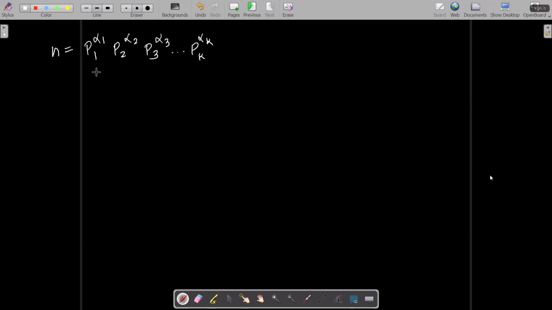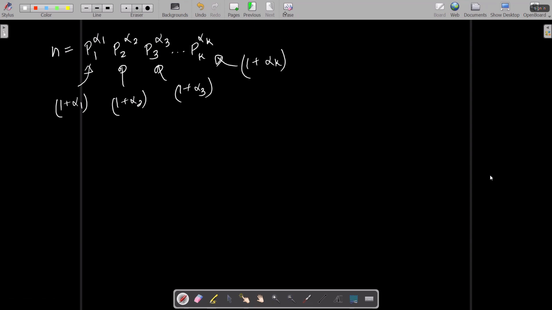Now, if we need to find all the factors of n, for p1 there are 1 plus alpha 1 different possible ways. For p2, there are 1 plus alpha 2 because we can go from 0 to alpha 2. So there are alpha 2 plus 1 possible ways. For this one, there are 1 plus alpha 3. Likewise, we have 1 plus alpha k here.